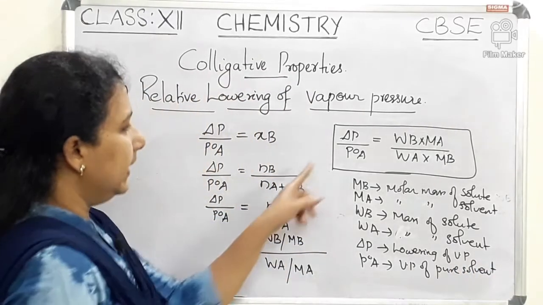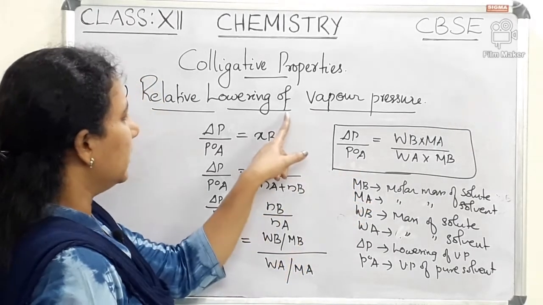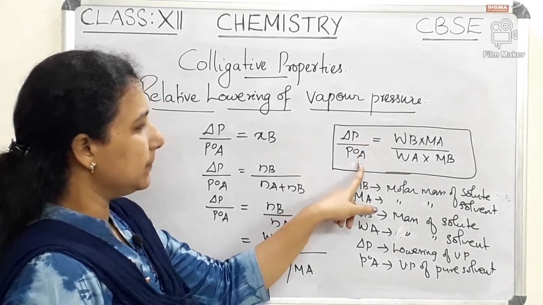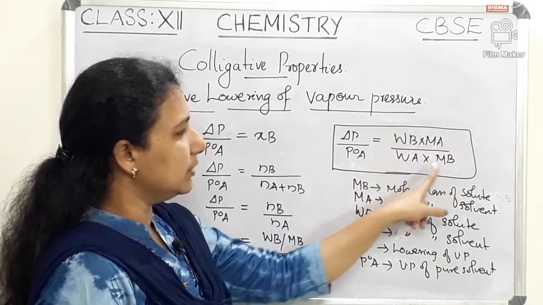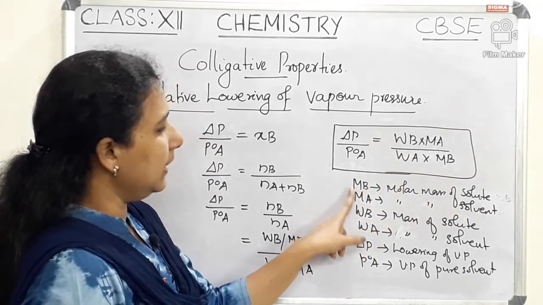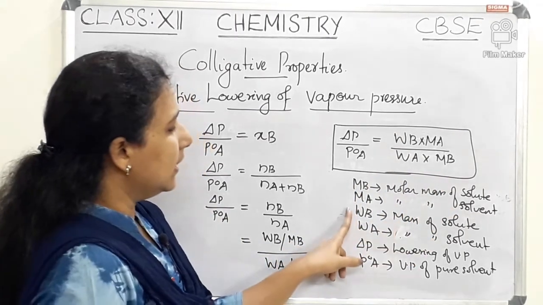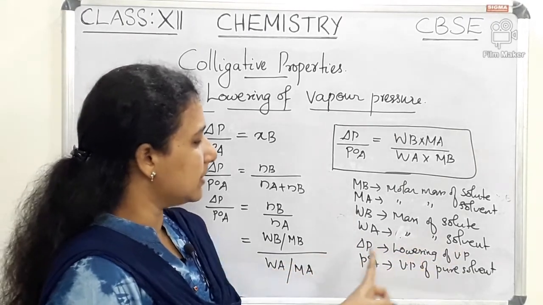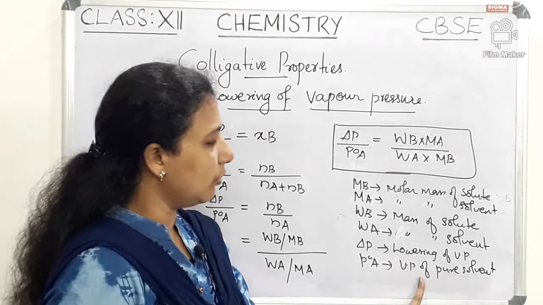So delta P by P0A is the relative lowering of vapor pressure, equal to WB into MA divided by WA into MB.